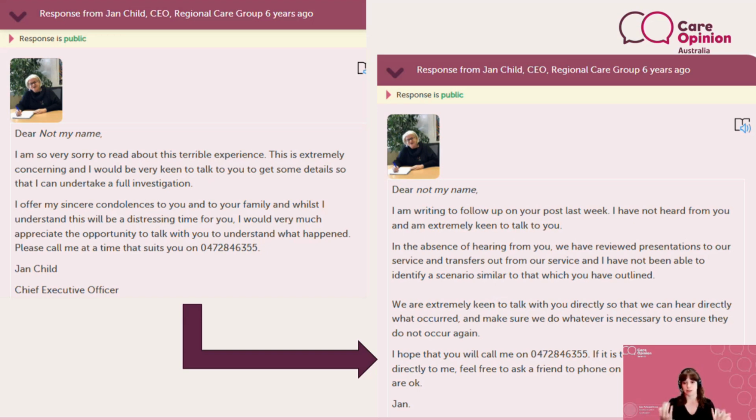So as a member of the public reading that, even if that story isn't relating to your experience, you're still able to get a glimpse of what goes on behind the scenes. They've investigated it, and they can't find anything that relates to that story with greatest similarity.